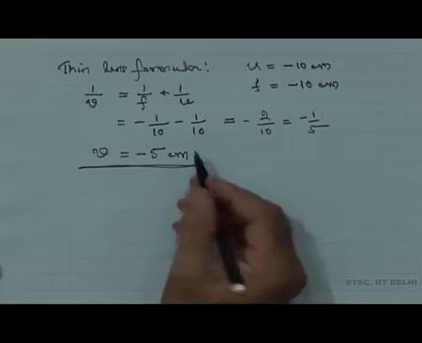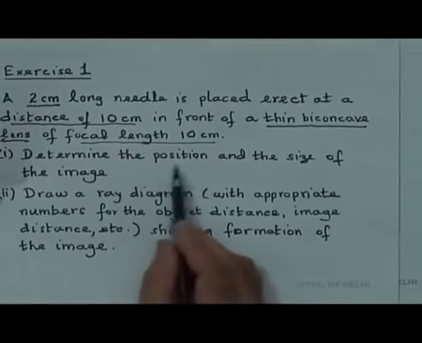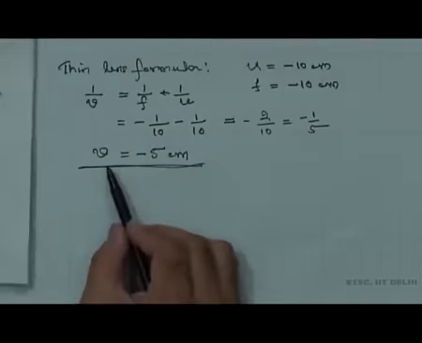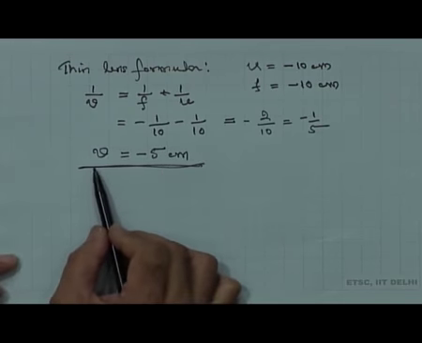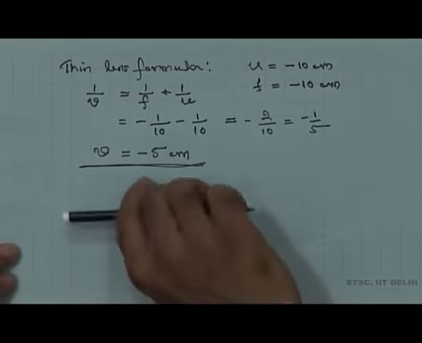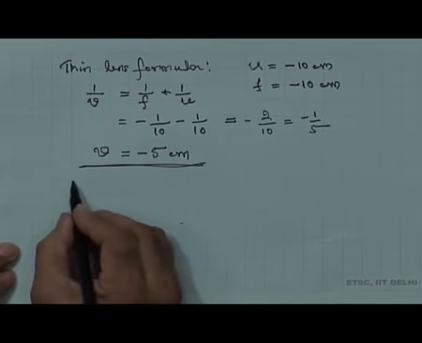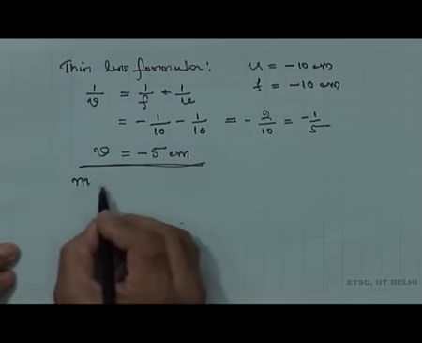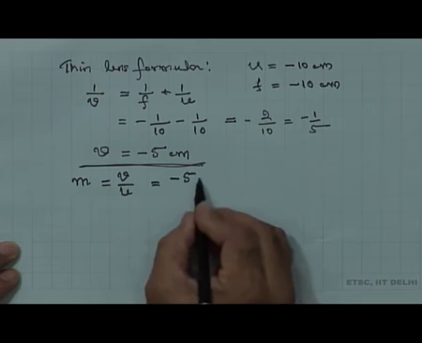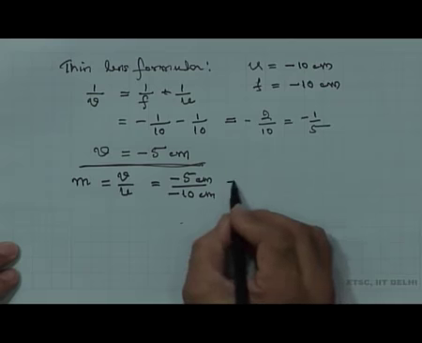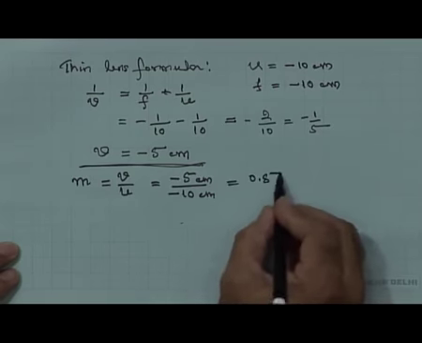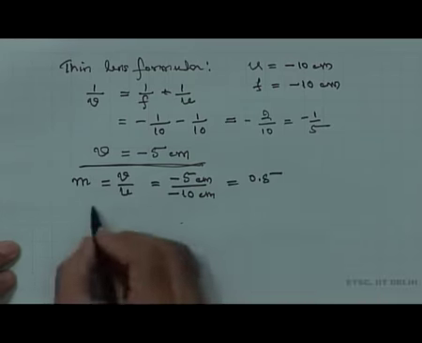So, we need to find out the position. The image position is minus 5 centimeter, which means in front of the lens, and what we also have is the size. Size is given by m is equal to v by u, which is equal to minus 5 centimeter by minus 10 centimeter, which is equal to 0.5, and therefore, this is equal to size of the image divided by size of the object.